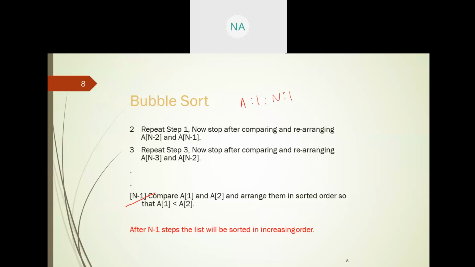That element will be the smallest element, so there is no need for the nth pass. So only n minus 1 steps or n minus 1 passes are sufficient to sort all the elements in the array. So the total number of passes in bubble sort is n minus 1.